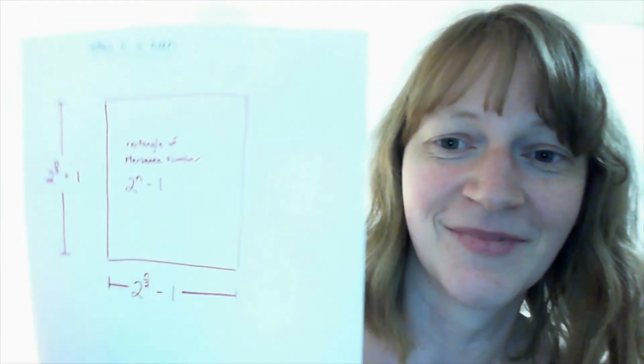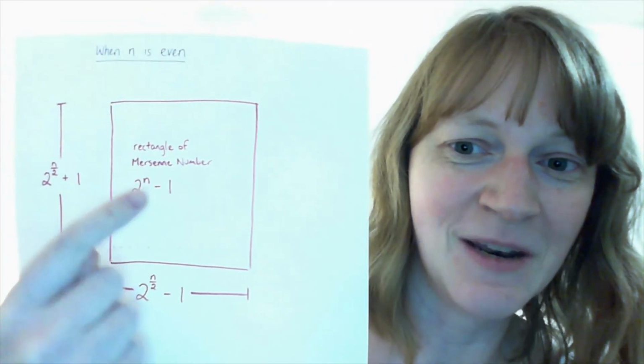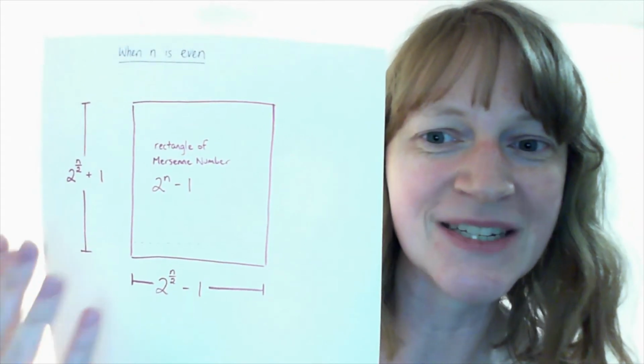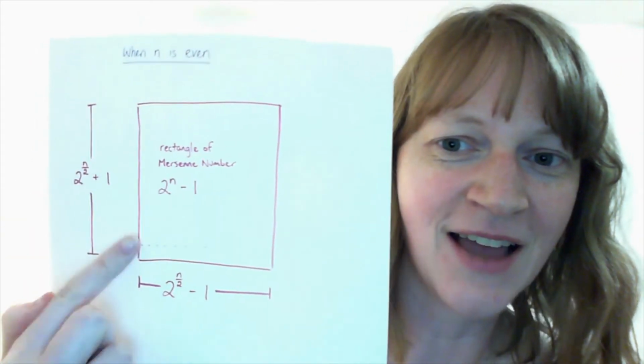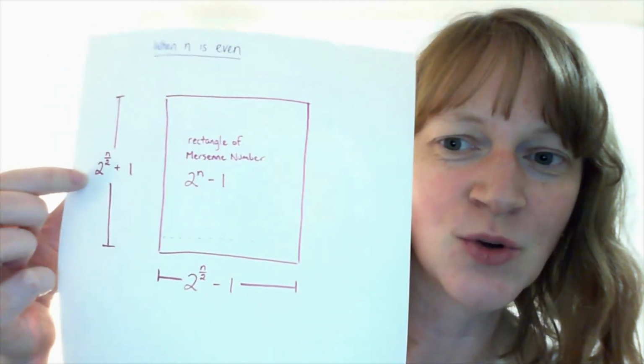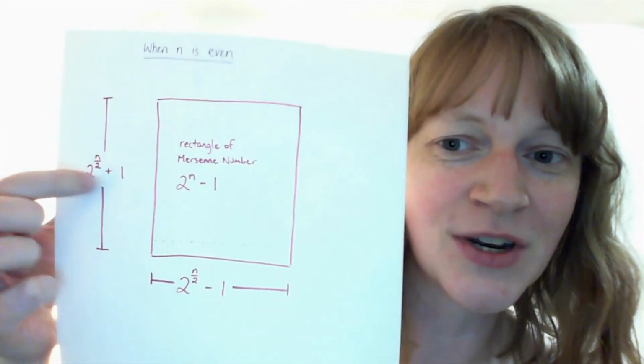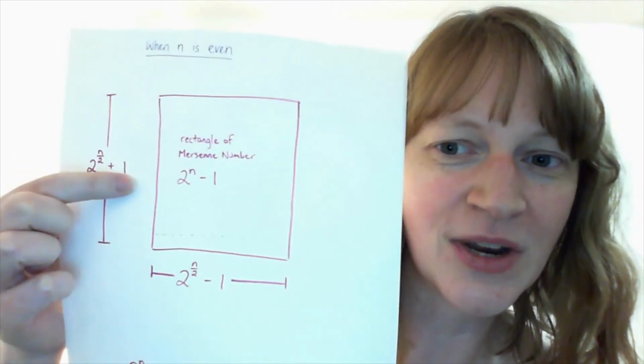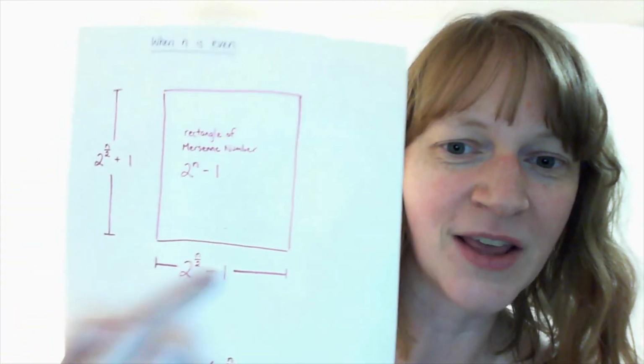No, it doesn't. 2 to the power of 10 minus 1 is going to be our M10. The side lengths of that rectangle representation are going to be 2 to the power of 5 plus 1, that's 32 plus 1, so 33 by 31.